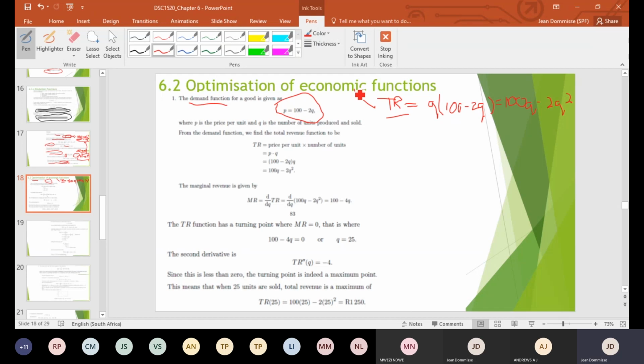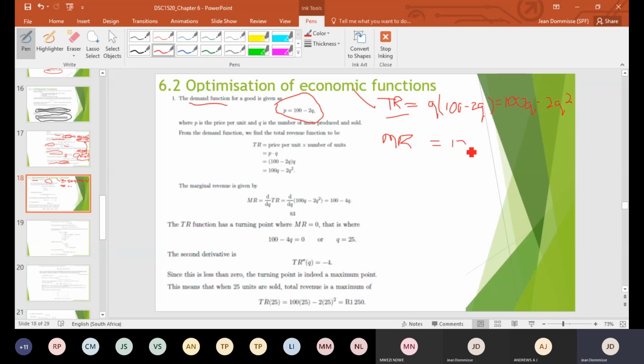So they can only ask you a few things. They can now ask you, what is your marginal revenue? Okay, so if you need to work out marginal revenue, you basically need to do the differentiation of that.